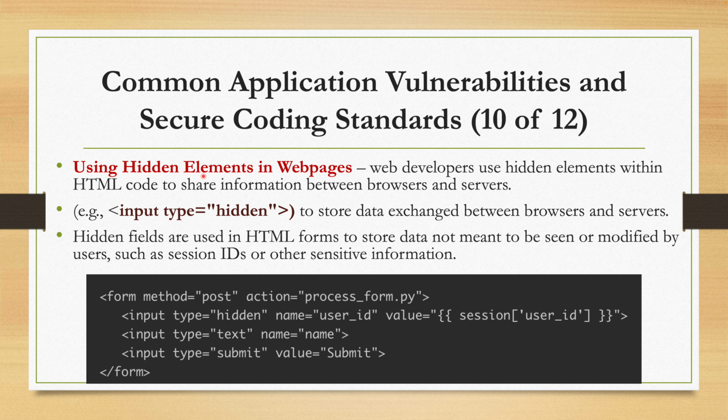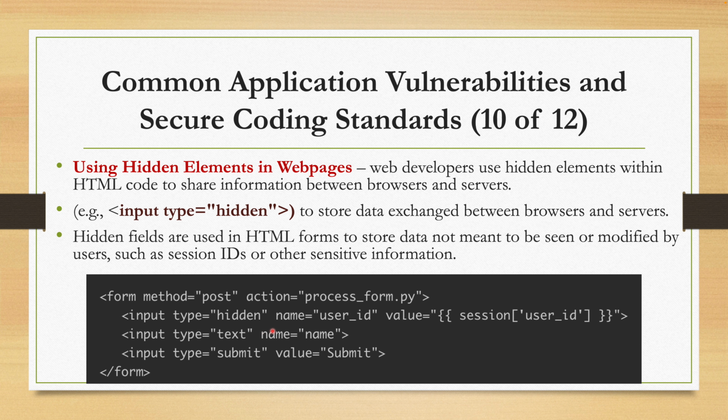Web developers often use hidden elements in HTML, like you see here, input type hidden, to store data exchanged between browsers and server. While this can simplify the communication, it poses a security risk if the hidden elements contain sensitive information.